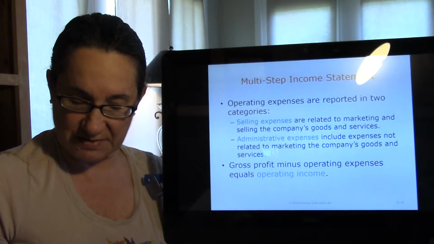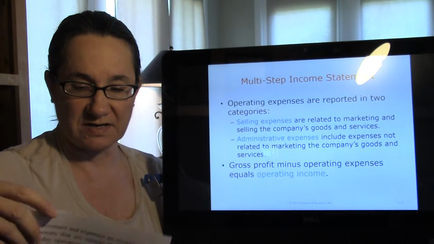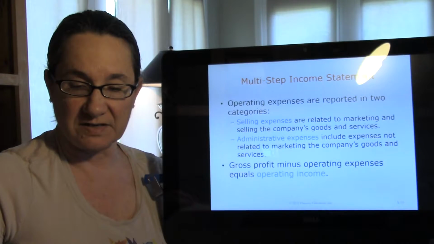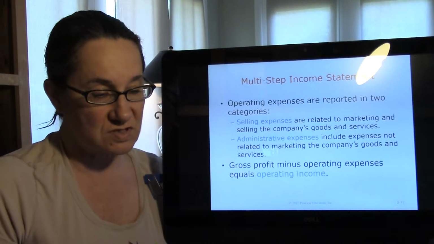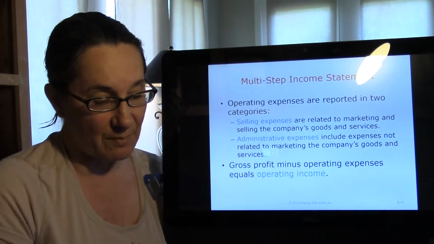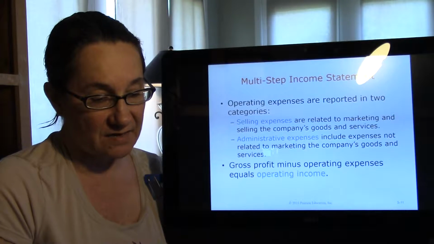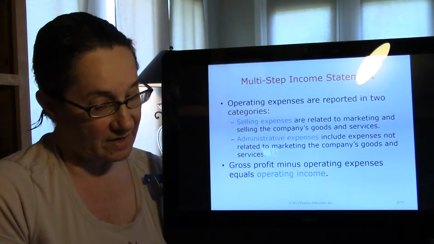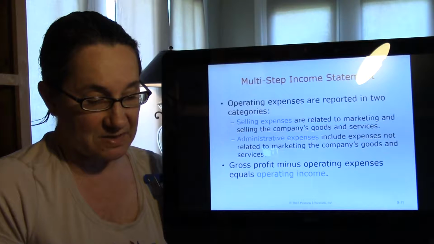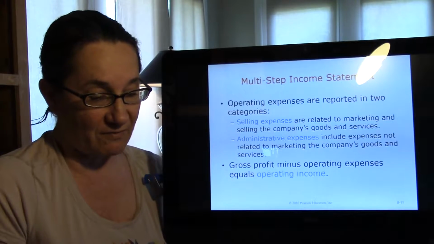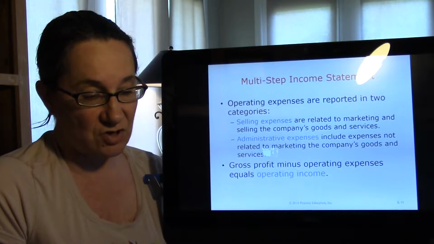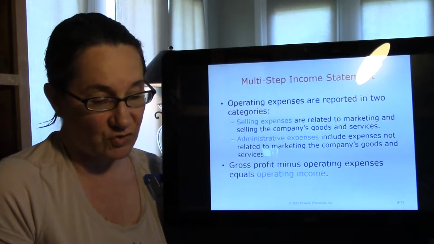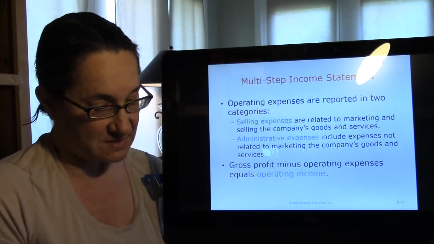Administrative expenses are expenses incurred that are not related to marketing the company's goods and services. Gross profit minus operating expenses equals operating income. Operating income measures the results of the entity's major ongoing activities.